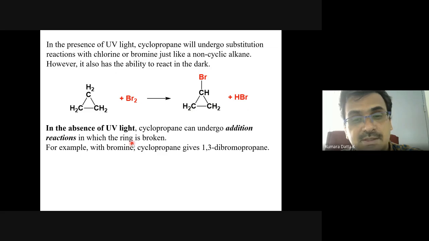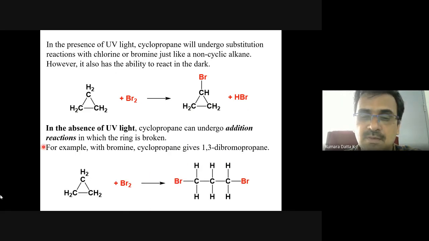In the absence of UV light, the cyclopropane will undergo addition reactions. Addition means here one bromine, here bromine. So this should definitely cleave. In that case, we get dibromopropane. You can see, again, in the absence of UV light, you see addition reactions where it undergoes like this.